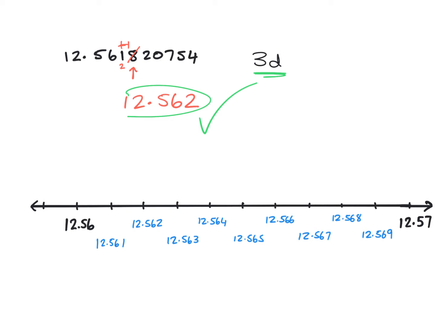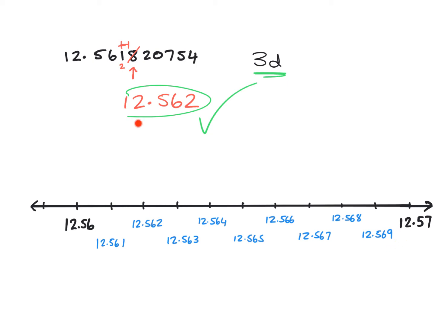Added to that, I know that the decimal that I need to graph is in the thousandths position. So I've gone 12.56, add 1 thousandth, gives me 12.561, add another thousandth, and so we go on all the way to the end, where we get 12.569, add one more thousandth, and we get 12.57.